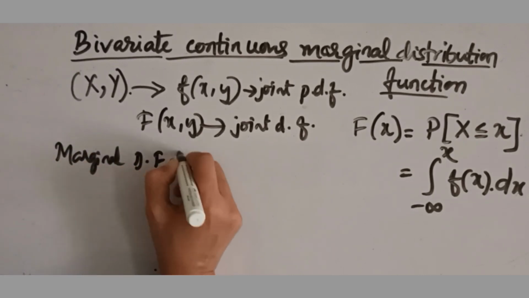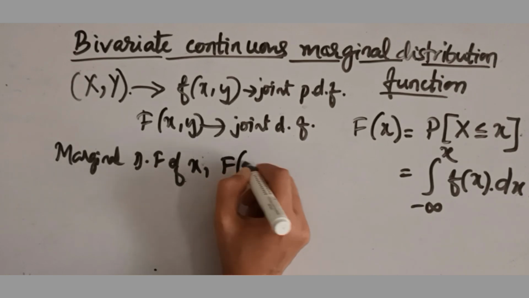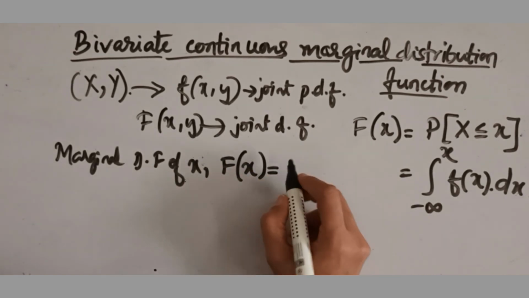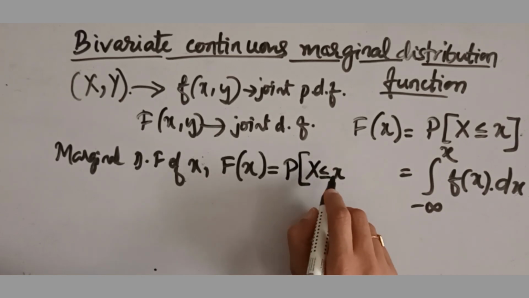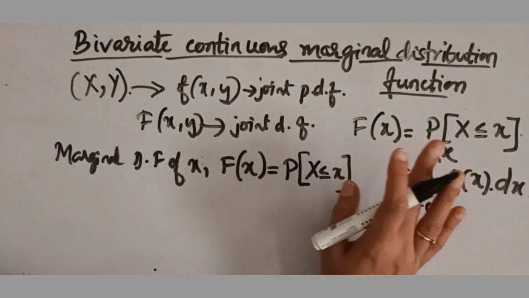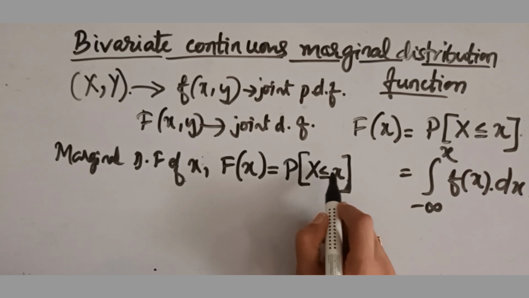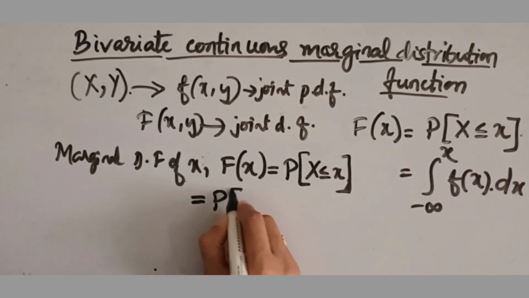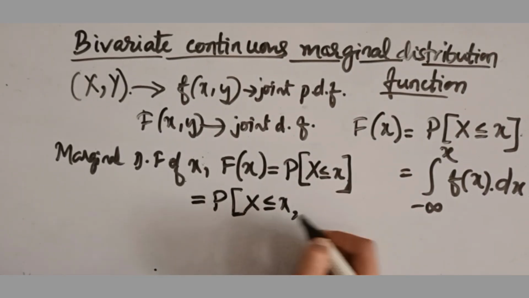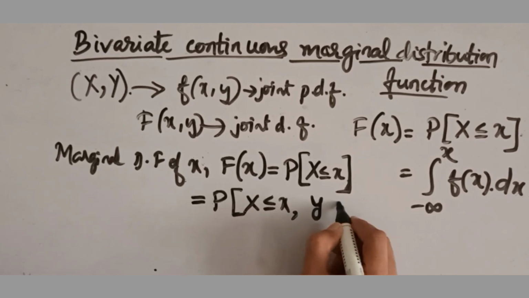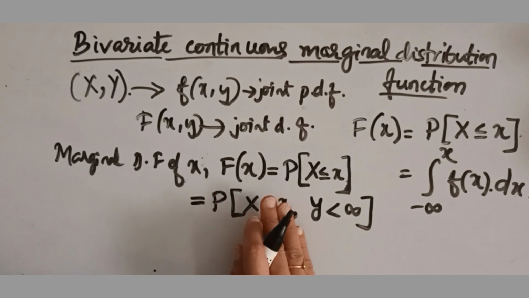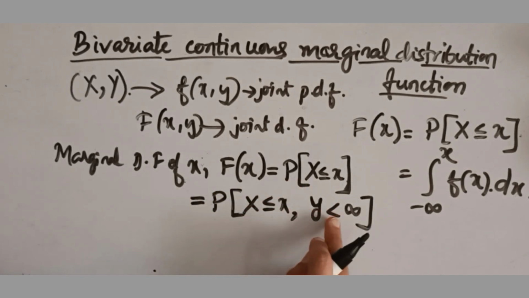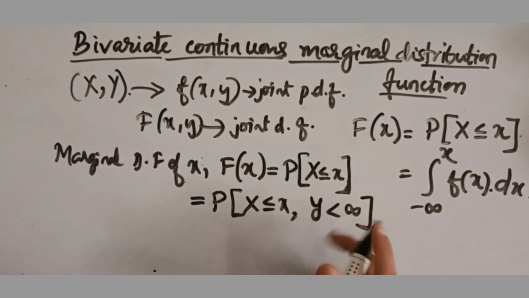The marginal distribution function of x is denoted as F of x, which is the sum of all probabilities up to x including x. Y takes any real value, but the condition is on x, so it is the probability of X less than or equal to x, Y less than infinity. That is, the sum of all probabilities up to x including x, where y varies from minus infinity to infinity.